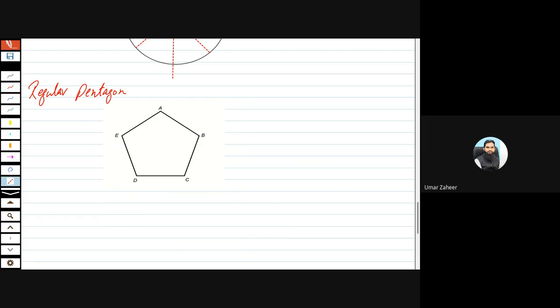So we can see that we have one line of symmetry here, because the image of this one is going to be exactly here. You are going to get exactly one reflection. This means that we have one line of symmetry.